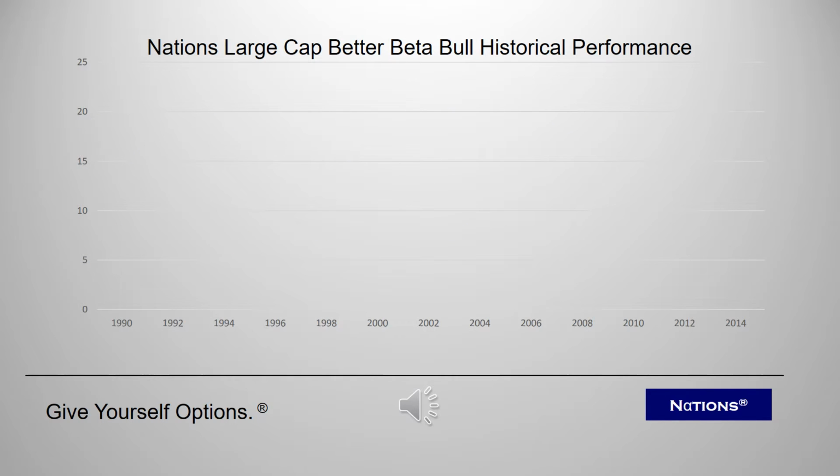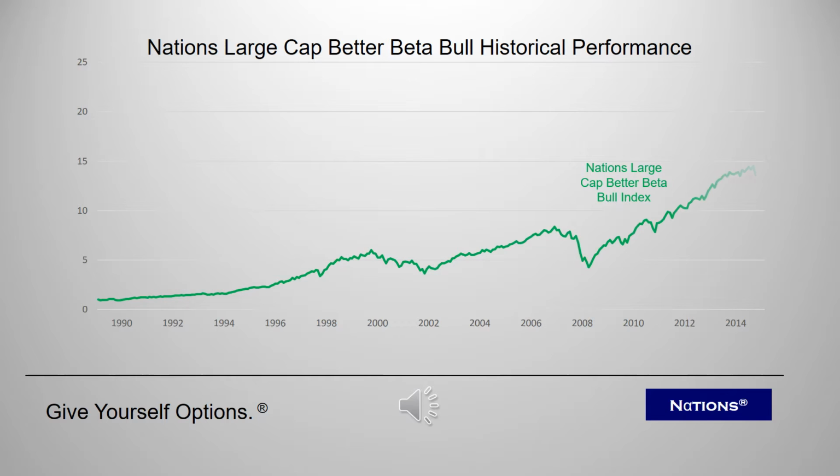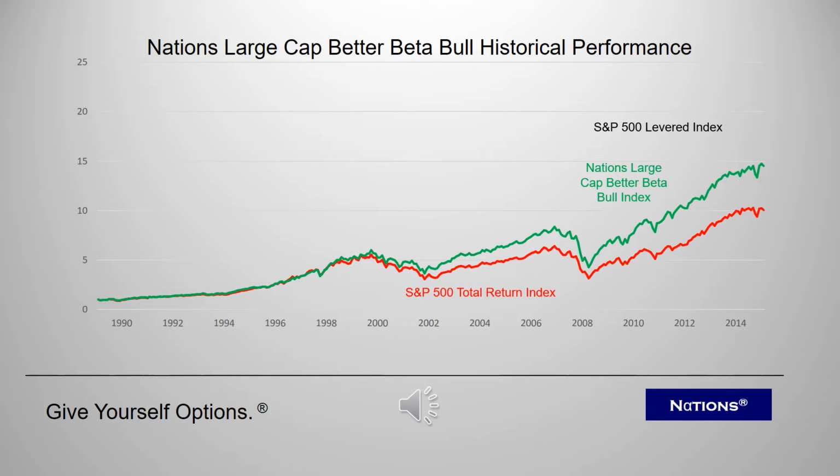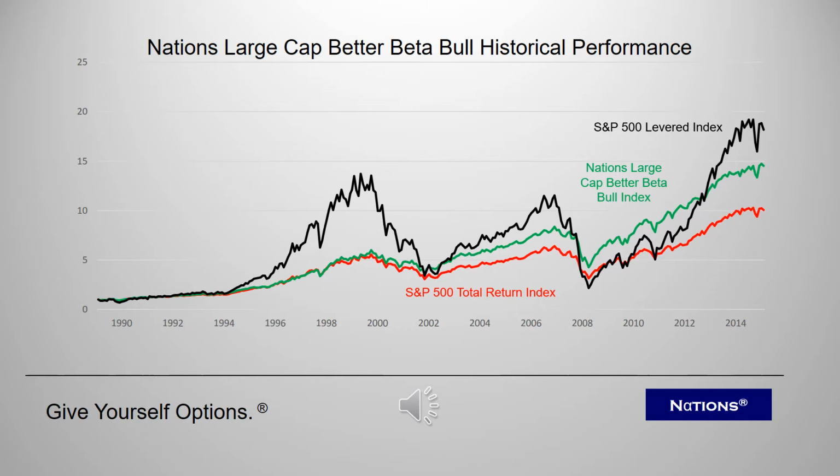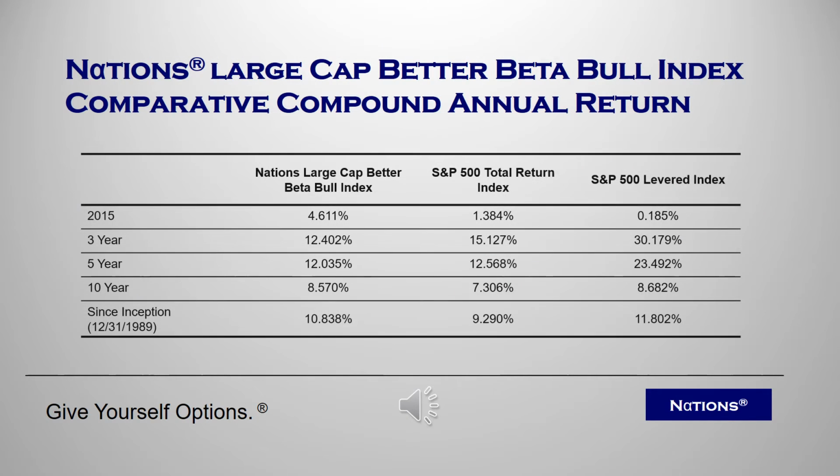The nation's large cap Better Beta Bull Index has outperformed the S&P 500 Index and generates leverage without some of the violent price swings of generic levered methodologies. Although the nation's Better Beta Bull Index trails the S&P 500 levered index, it does so with substantially less impact from the effect of daily compounding.